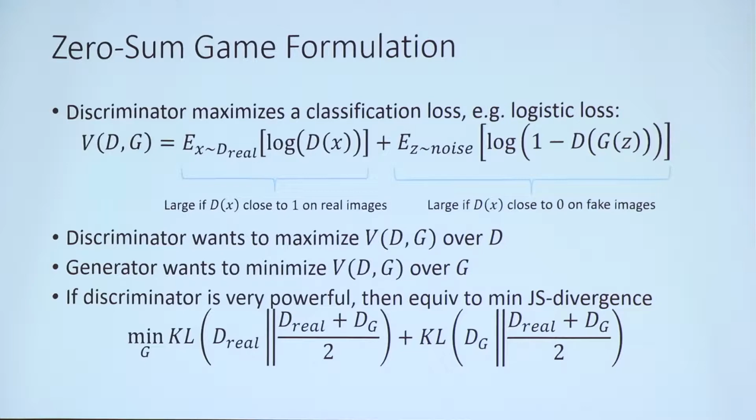It measures the KL divergence of the real distribution with respect to this mixture of real and fake, plus the KL divergence of the fake distribution with this mixture of real and fake. So this is the notion of distance that is implied by this framework between two distributions.